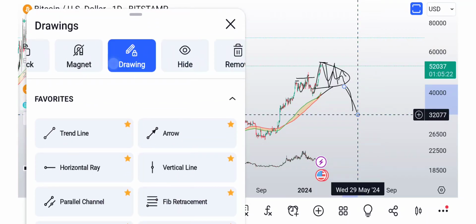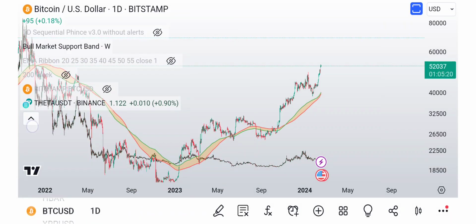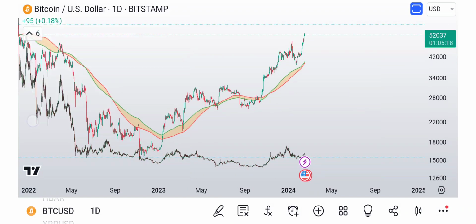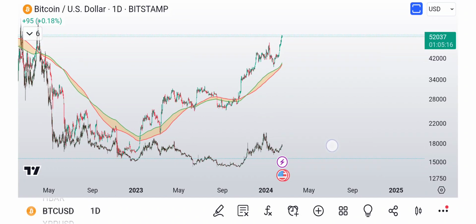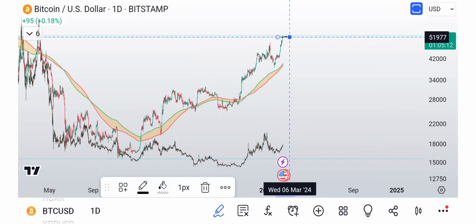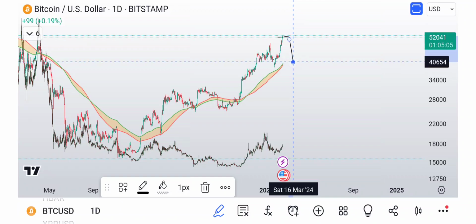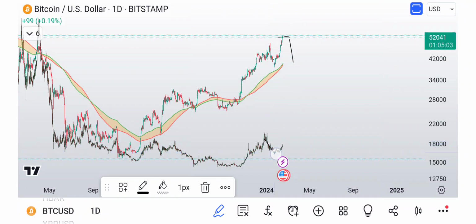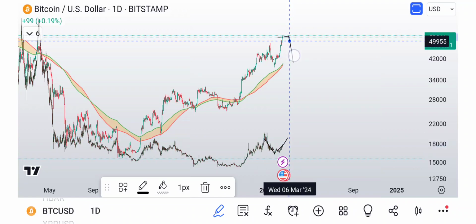So just to give you a little visual representation. So again, for example, if Theta's topped already, right? If Bitcoin topped, then it's going to come down into a range, right? So we have Theta, we're coming back up, Bitcoin drops.